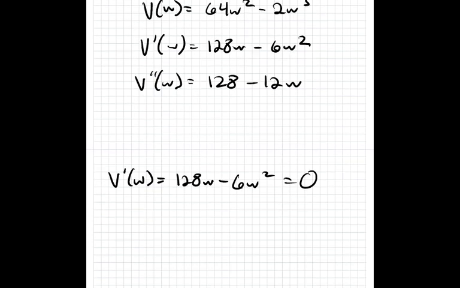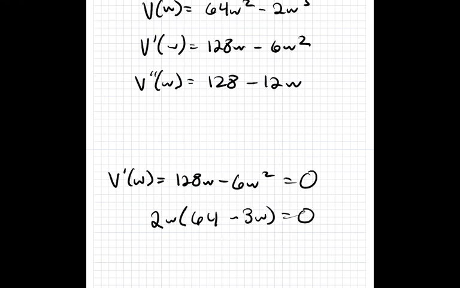We could factor out 6W. Let's factor out 6W. What is that? No, not 6, we can't do 6. Let me see, 3 and 8 is 11. Let's do 2W. So that becomes 64 minus 3W equals 0.